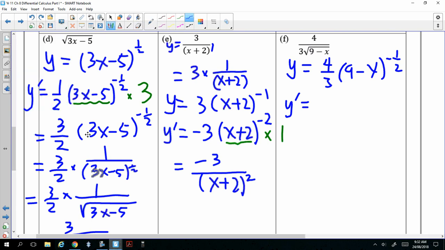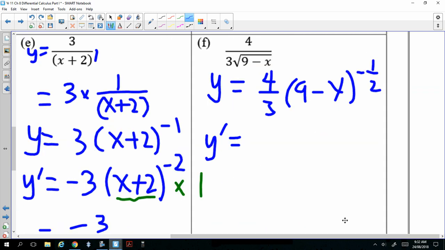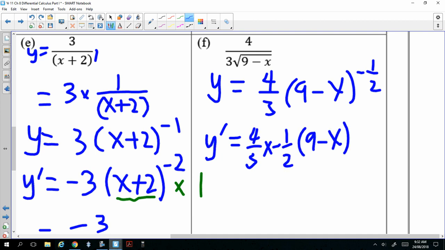9 minus x to the power of negative. If you subtract by 1, you get negative 3 over 2. Yep. Differentiate what's inside, which is negative 1. So what do you end up getting? You get 2/3, right? You get 2/3.